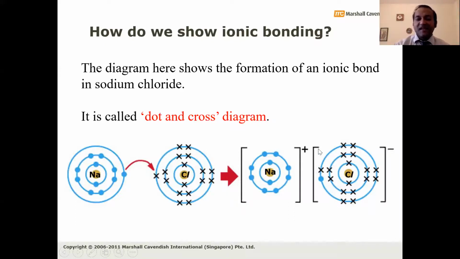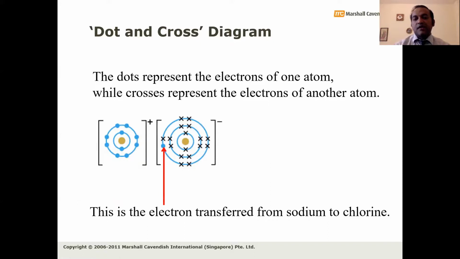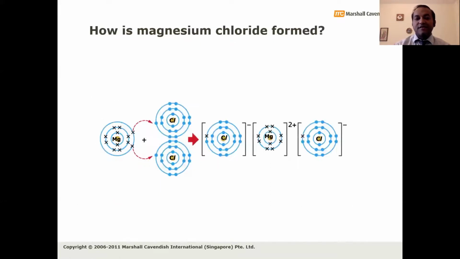Okay. So we can see some other examples as well. The dot represents the electron of one atom, while crosses represent the electron of another atom. So it doesn't matter which one you want to use. Okay. So this is the idea that we use. For example, this is magnesium chloride. Same concept. Magnesium having 2, each one doesn't need 1.